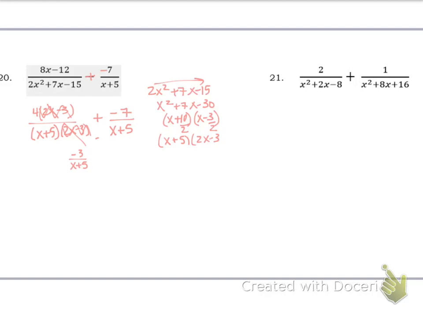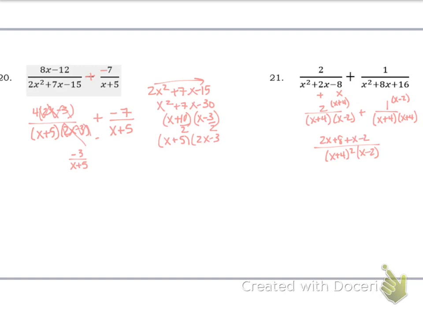Okay, my next one here, multiplies to negative 8, adds to 2, is 4 and negative 2. Multiplies to 16, adds to 8 is going to be 4 and 4. So they share the 4. He's missing my other x plus 4, and he's missing my other x minus 2. So there are 2 x plus 4s and an x minus 2 left. So I'm going to get 2x plus 8 when I distribute him.